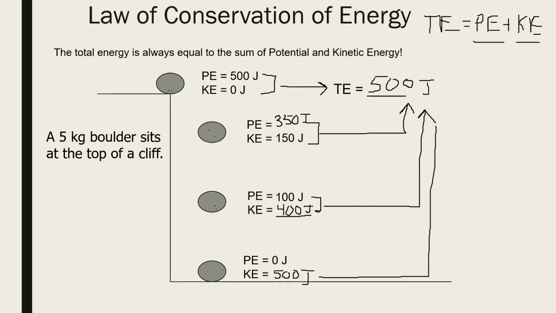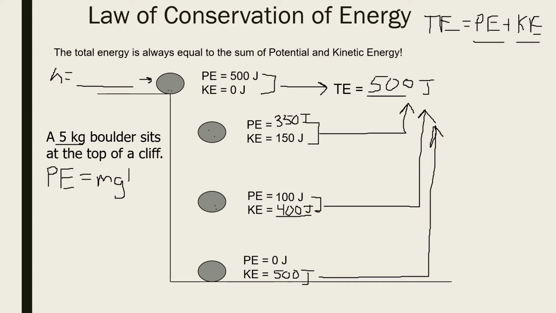Okay? But here's my question. And here's what I want to know. I said this is a 5 kilogram boulder. What is the height right here at the very top? How could I do that? Well, if I want height, I know that's connected to the PE equation. We did that a while back.